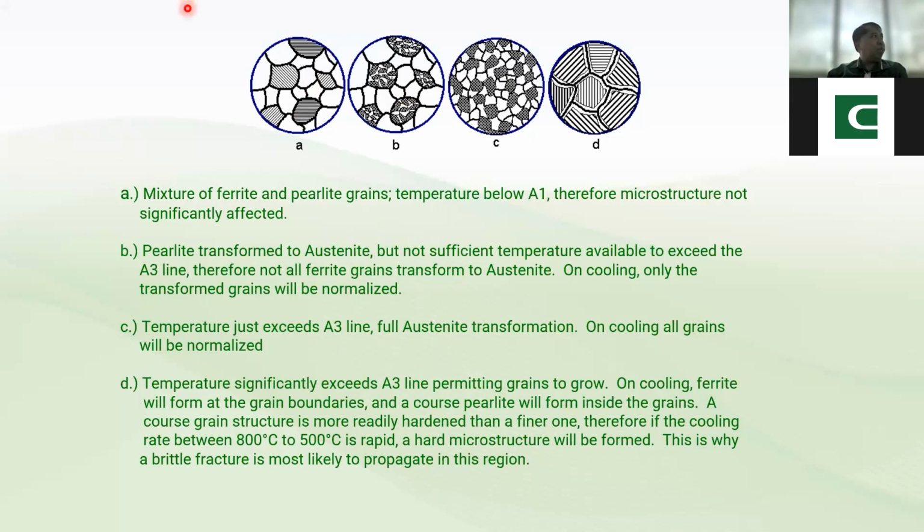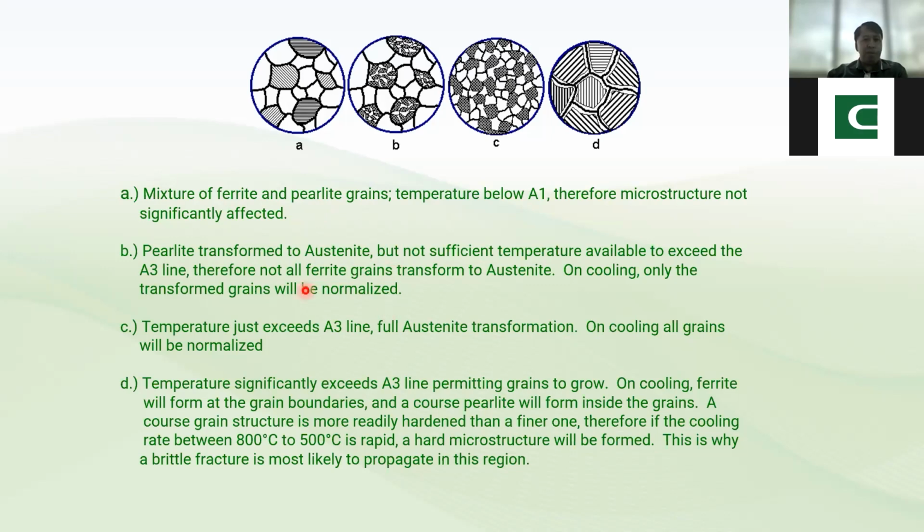While on letter B, this one is up to A3 stage, solid liquid na siya. So yung kanyang ferrite and pearlite grains are transformed into austenite stage. So na-transform from ferrite, pearlite into austenite. Okay? And this will create normalized material.